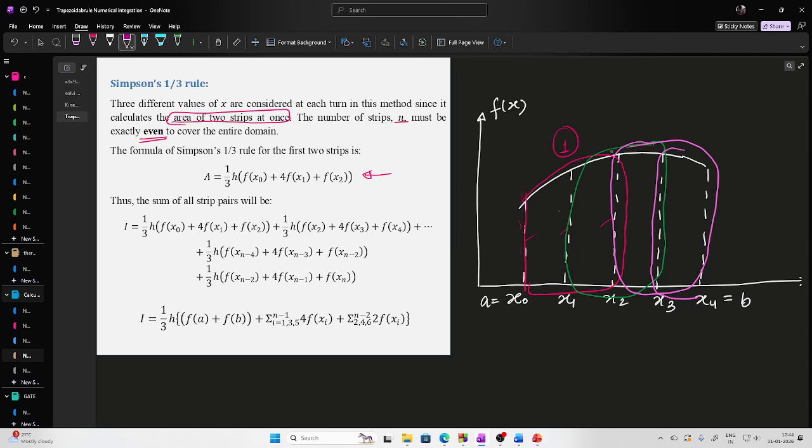So this will be okay. 1, 2, and 3, 4, and then 5. So what will happen? One trapezoid will remain. So the better option is to always take n as even when it comes to Simpson's one-third rule.